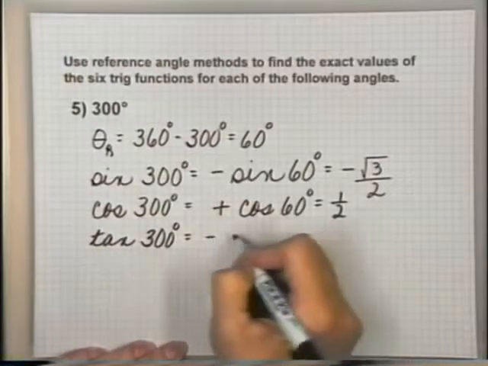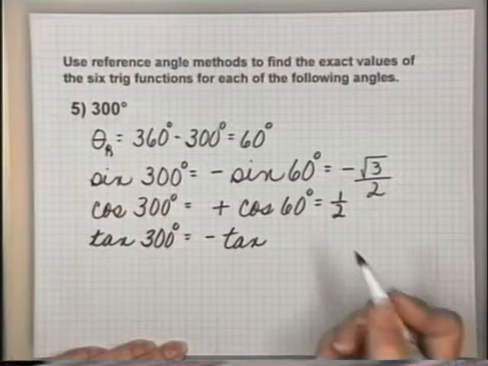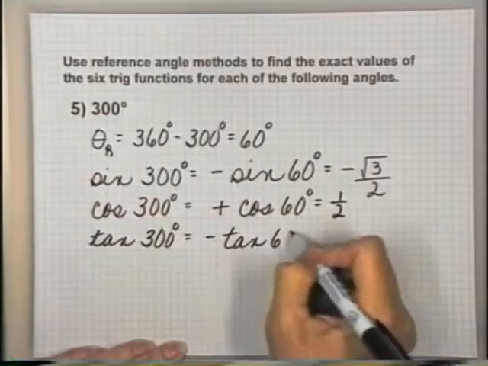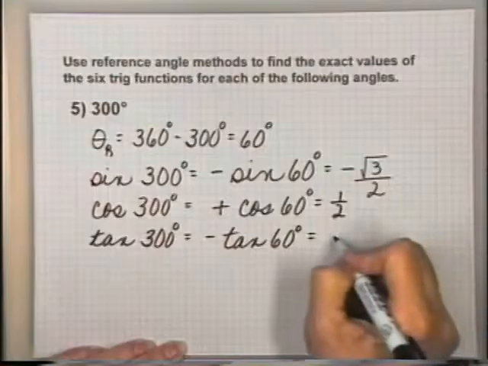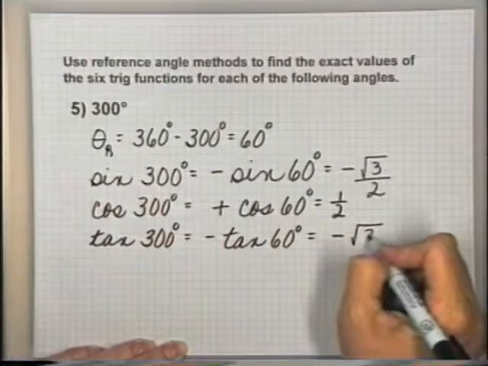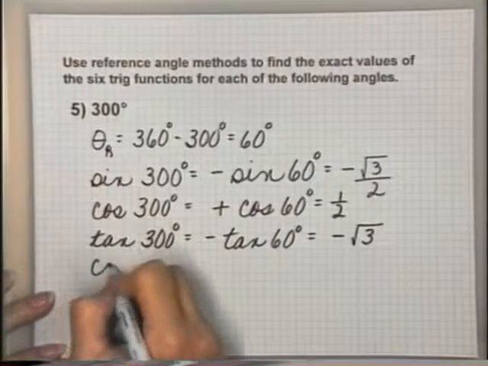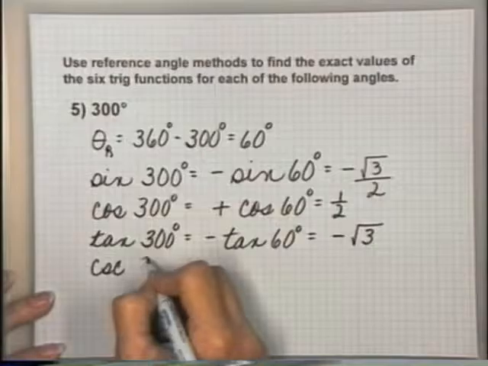It's negative. So the tangent of 300 degrees will equal minus the tangent of 60 degrees. So that would be minus, and we know the tangent of 60 is the square root of 3. We'll get the reciprocal functions by using reciprocals.